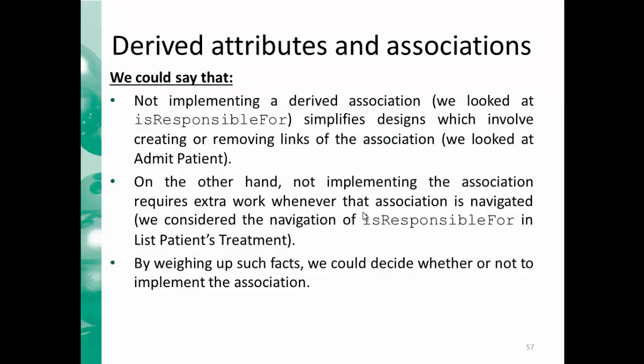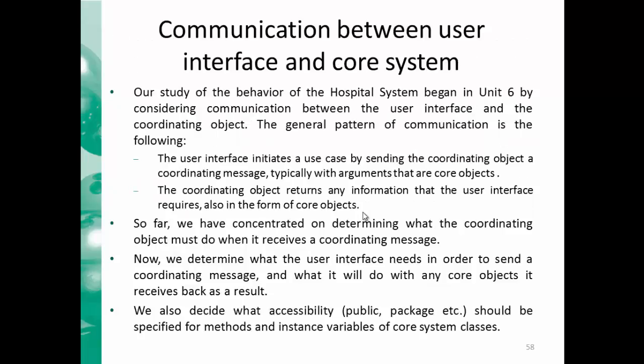We could say that not implementing a derived association simplifies designs which involve creating or removing links of the association. But on the other hand, you must be able to get all the information even if you don't provide an implementation for the derived association.